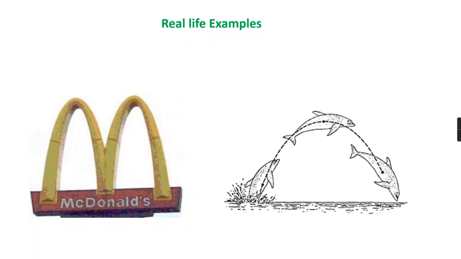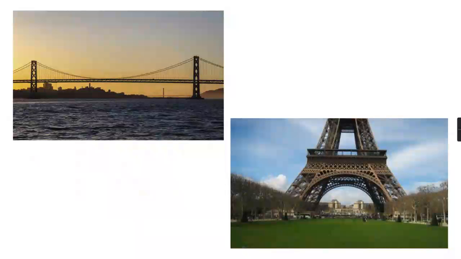In a similar way, if you throw a ball in the air, then it will take a parabolic curve and come to the ground. Then here you can see some civil structures, like a suspension bridge where the cables are making parabolic curves, and the Eiffel Tower, which has a parabolic curve at the base.